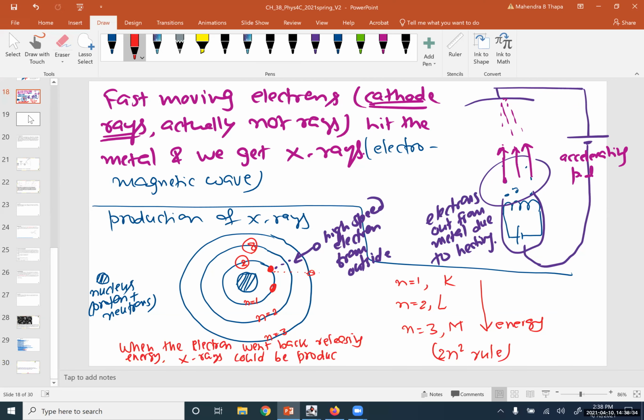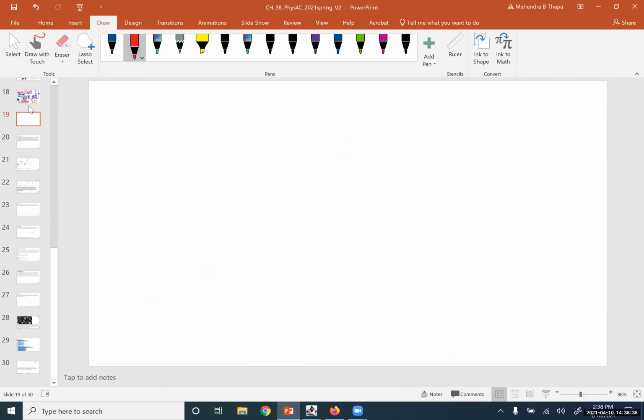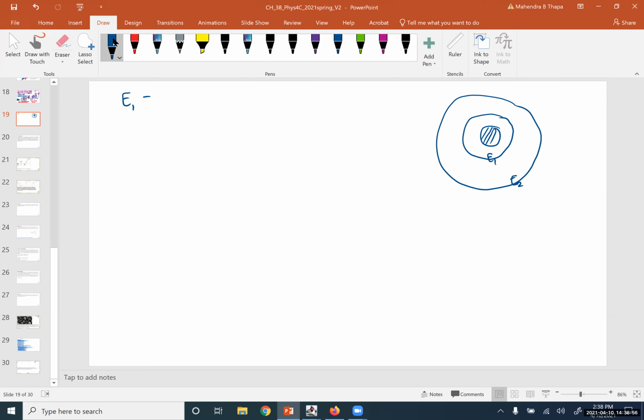So let's see here one more time. For simplicity, just consider 2 orbits. This is the nucleus, and this is the orbit. It has energy, say E1. The second orbit, the higher energy level orbit, is E2. So E1 is the low energy level, and E2 is the high energy level.